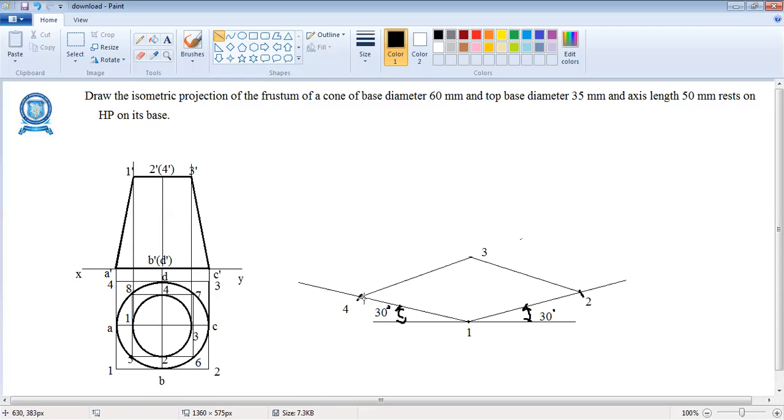From that we are going to construct a rectangular box for the height of 50 mm. For that, from all the points we are measuring 50 mm and drawing a line.